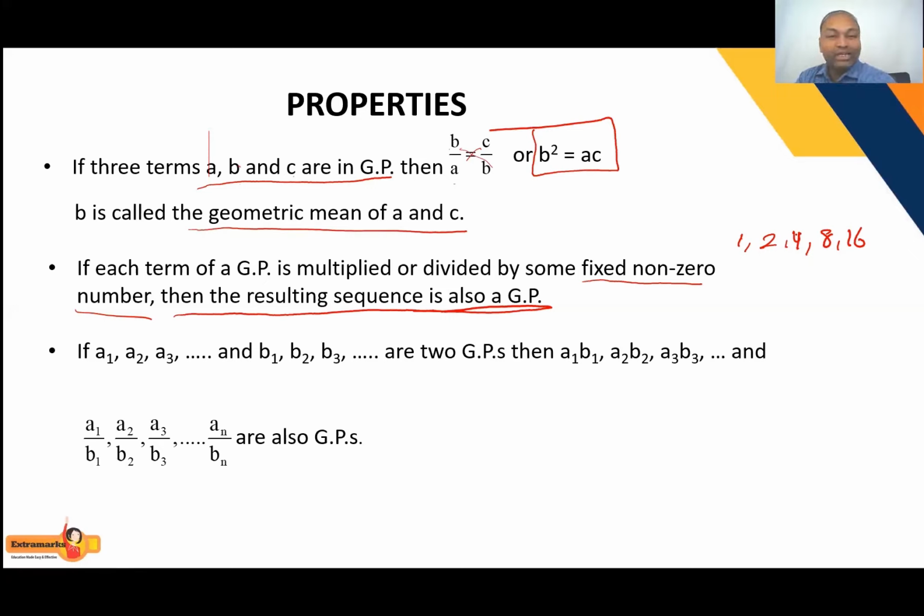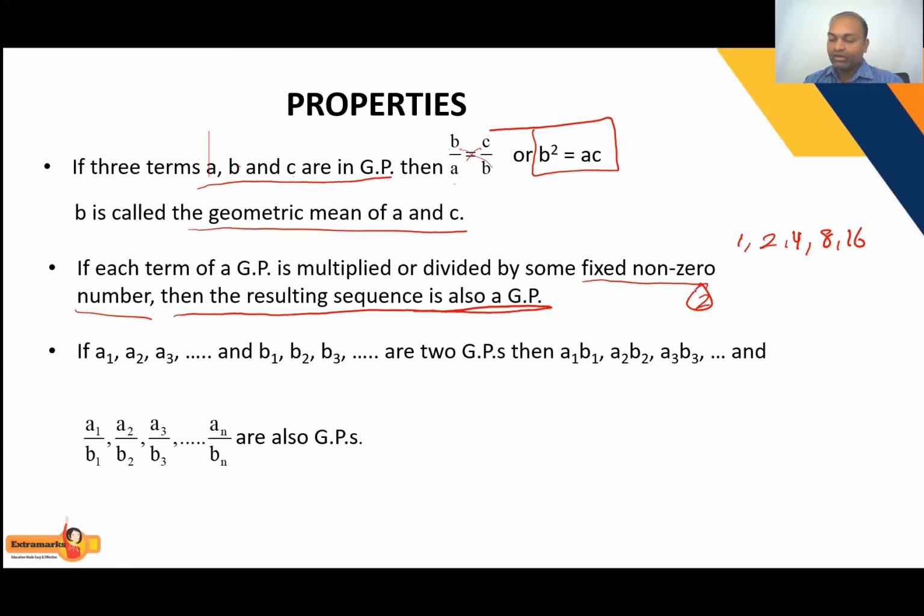What is the meaning of this second property? If each term of a GP is multiplied or divided by some fixed non-zero number. Okay, take multiplication with some fixed non-zero number. Let us take a simple example, the fixed number is 2.